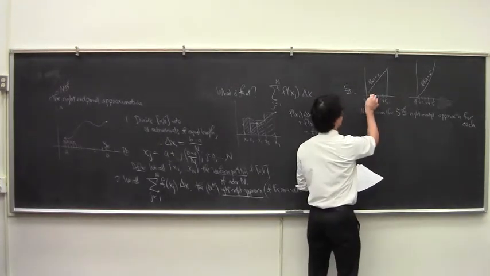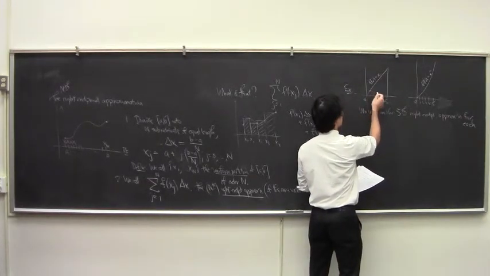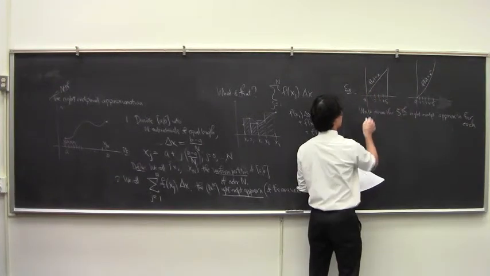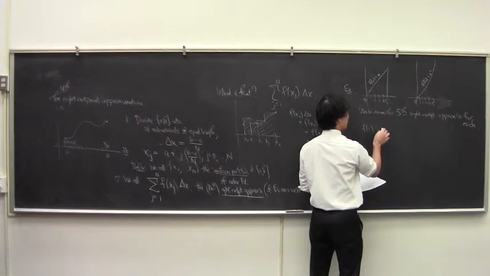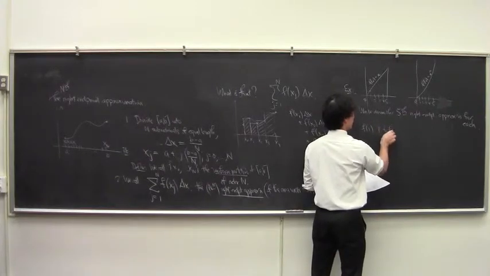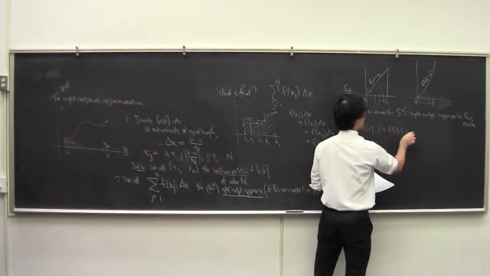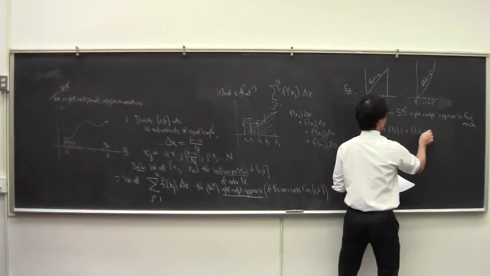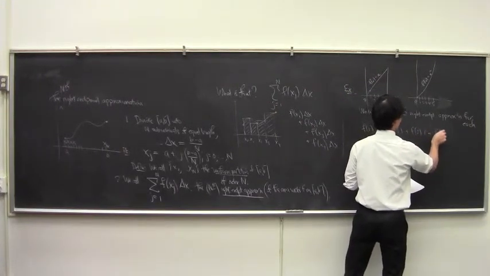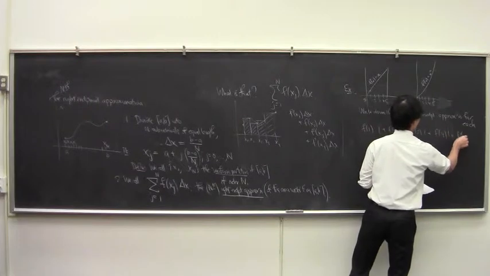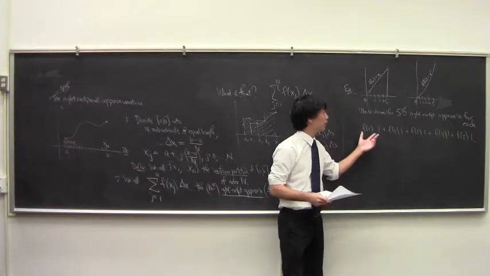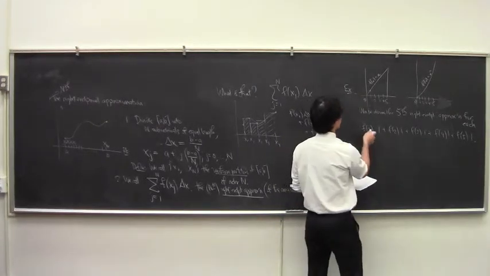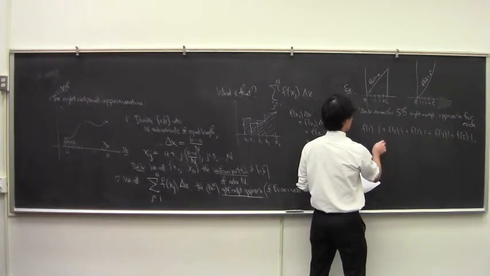I'm going to take f at 1 times the width of the base, which is 1. f at 2 times the width of the base plus f at 3 times the width of the base, f at 4 times the width of the base, and so on.